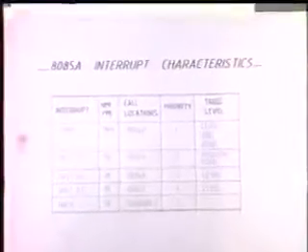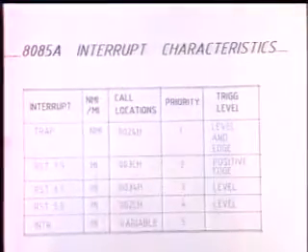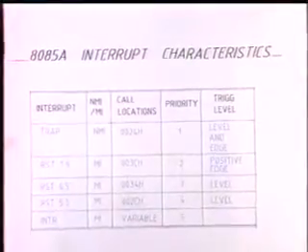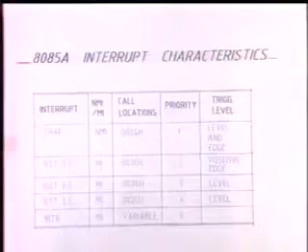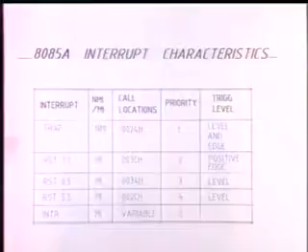If we see the different interrupts allowed in 8085, the first is TRAP, and the second is RST 7.5. RST is an abbreviation of the word restart. Then there are 6.5 and 5.5, and then INTR, which is for the external device.